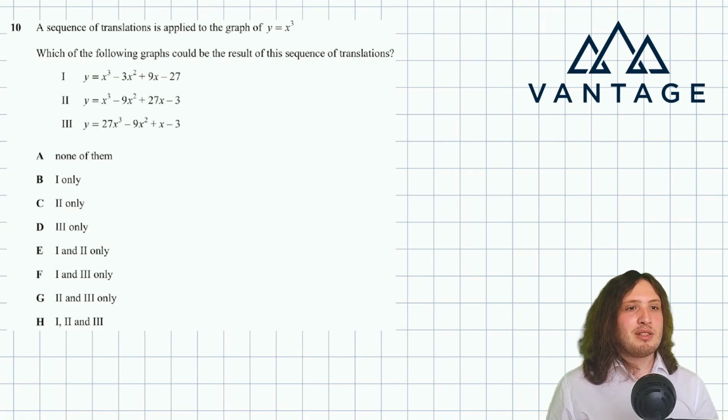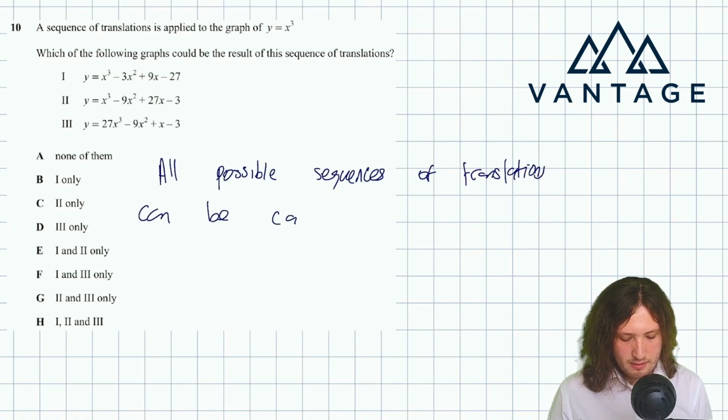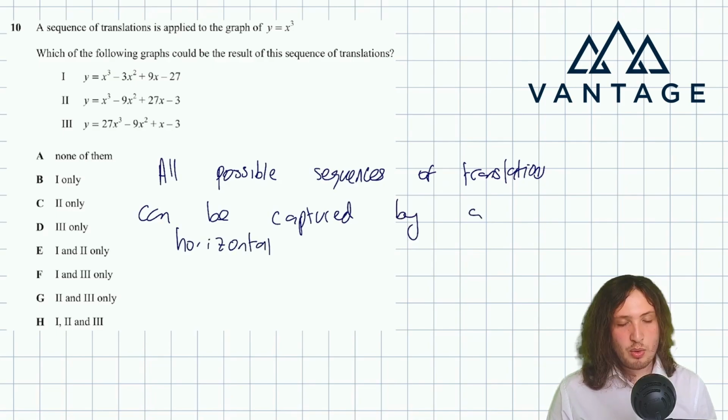So although it seems like there are infinitely many ways we can jumble up the order of horizontal and vertical translations, we can clearly see just by considering the geometry that all possible sequences of translations can be captured by just doing a horizontal translation, which captures whatever the total horizontal translation your complicated sequence would otherwise have done.